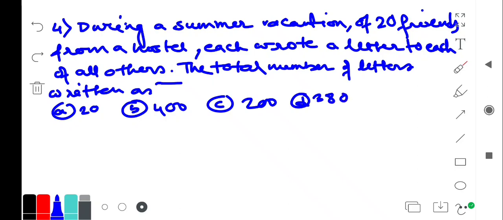Okay, during a summer vacation of 20 friends from a hostel, each wrote a letter to each of all others. Suppose in a hostel 20 friends are there. When summer vacation started, the 20 friends went to their homes. Then they miss each other, that's why they wrote letters to each other.